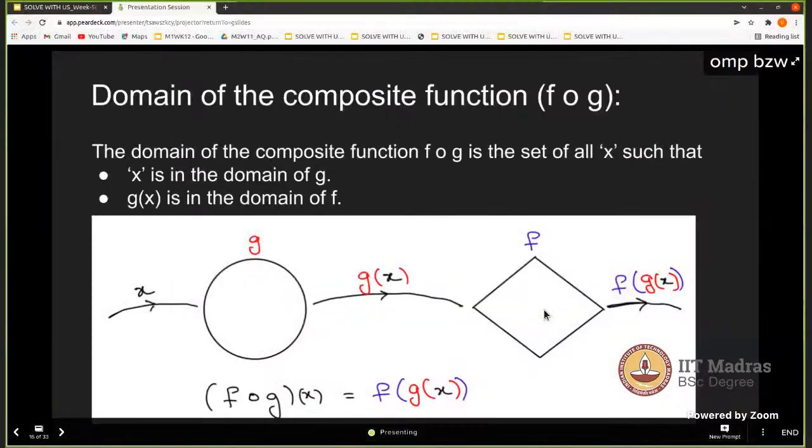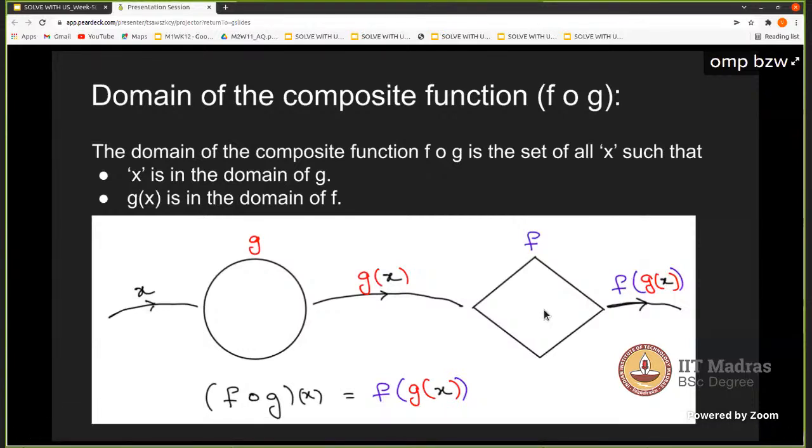When we are talking about composite functions, two functions are involved, unlike the case of only one function. The two functions will have different domains and different ranges. When I composite them, it again turns out to be a function, so I can look at its domain and range, because now this is a bigger machine.